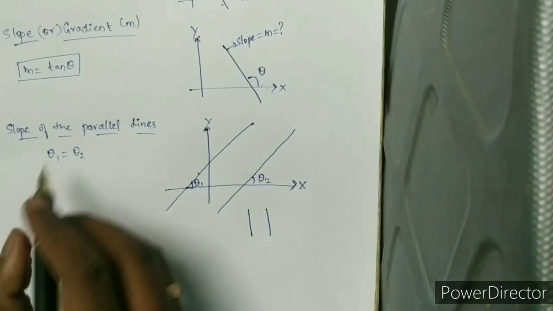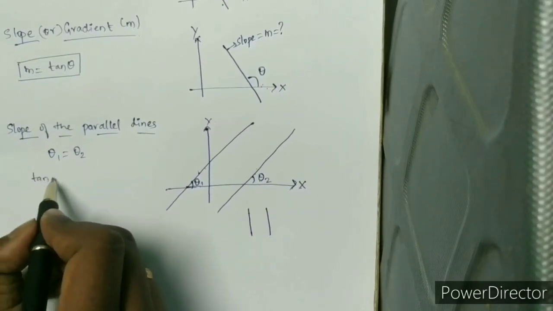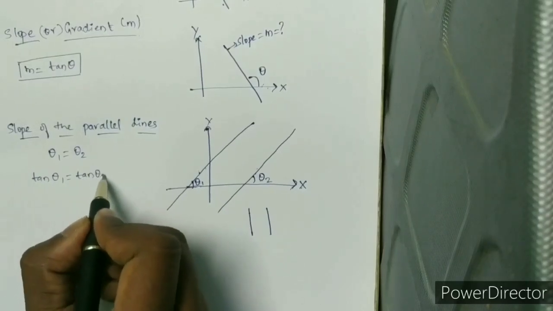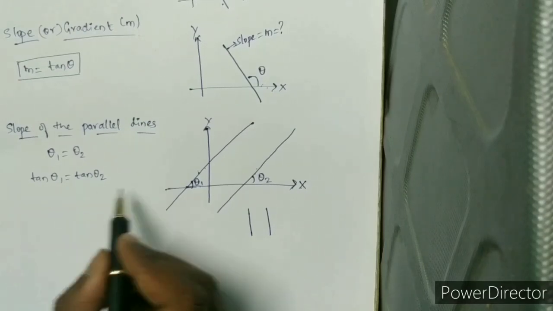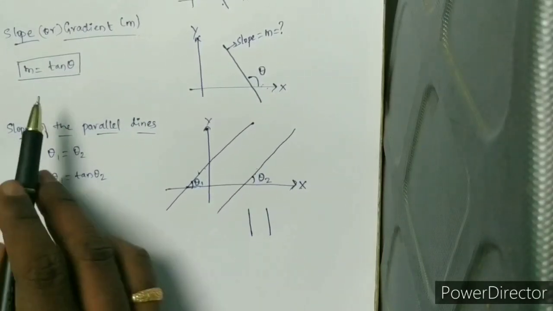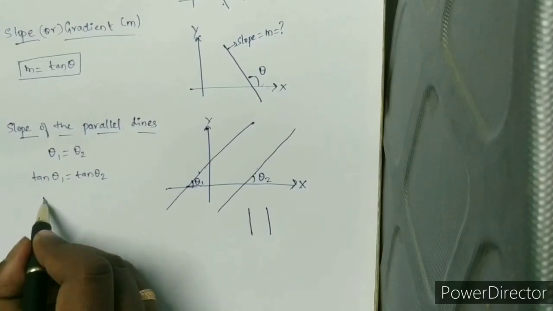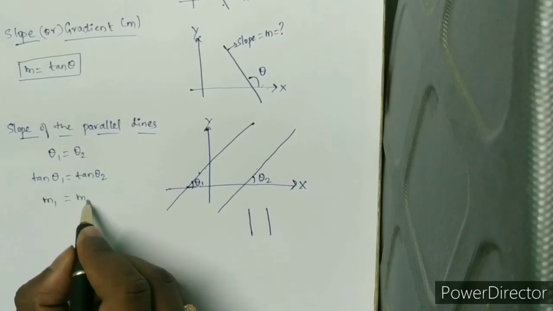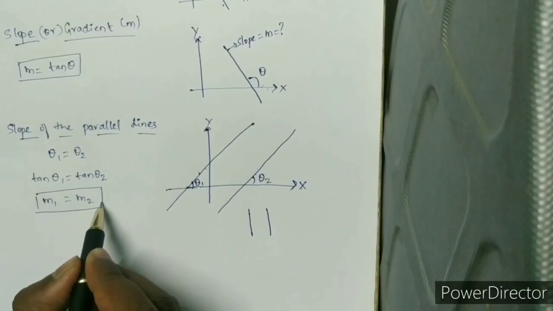Theta 1 is equal to theta 2, so taking tan on both sides, tan theta 1 is equal to tan theta 2. I already said m is equal to tan theta. So if it is tan theta 1, I'll take it as m1, and if it is tan theta 2, I'll take it as m2. From this you can clearly say that m1 is equal to m2.